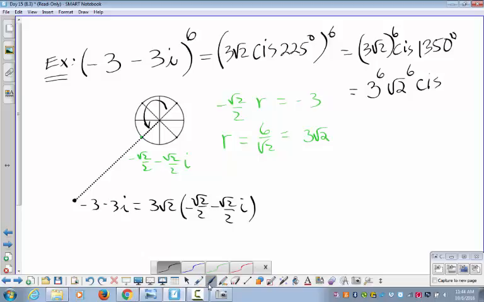Yeah? Isn't it 2 to the 5th? Wait, where's 2 to the 5th? No, the multiplication for the 3 square root of 2 to the 6th. Right here? Yeah. Or no. Okay, yeah. Sorry. I did it wrong. Okay, so that looks good there.